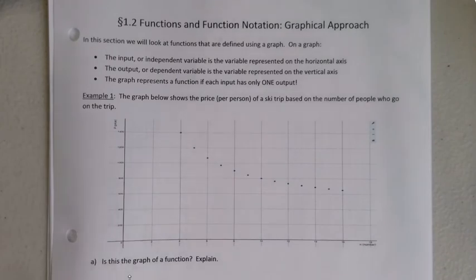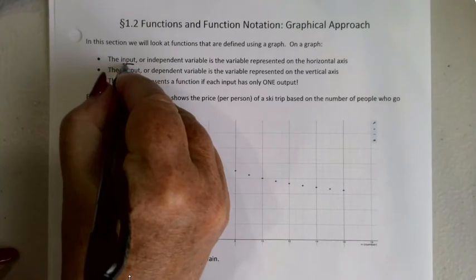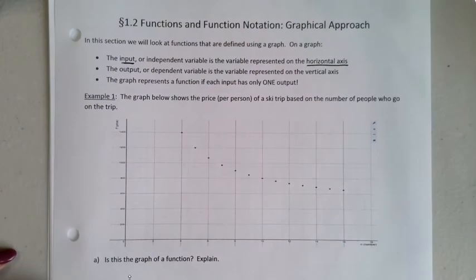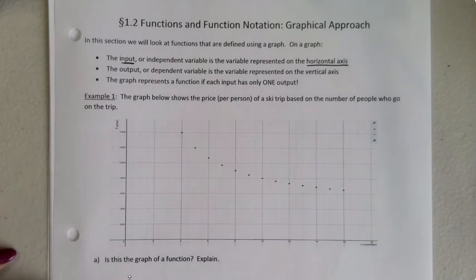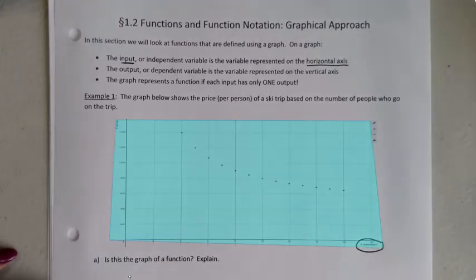All right, when we look at a graph, our input or our independent variable is always going to be on the horizontal axis. So in this particular case, as I look at example 1, the graph is showing the price per person of a ski trip based on the number of people who go on the trip. And you'll see that my horizontal axis here is kind of small, but it's labeled N for number of people.